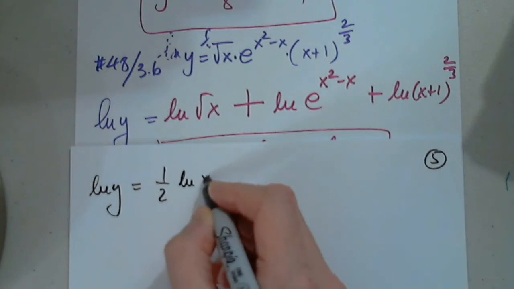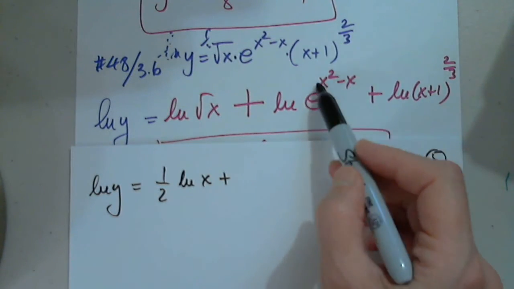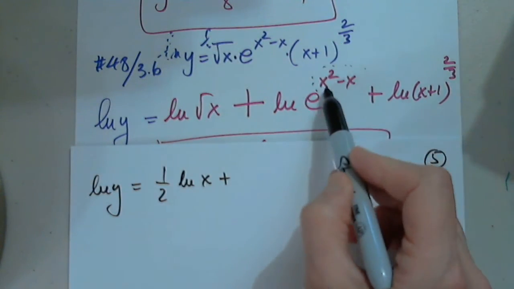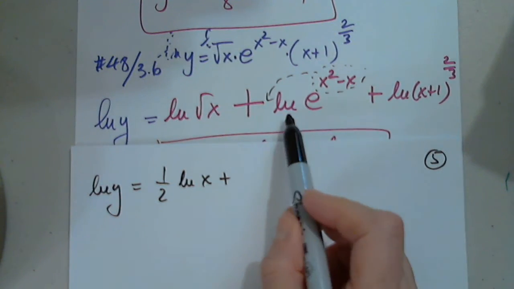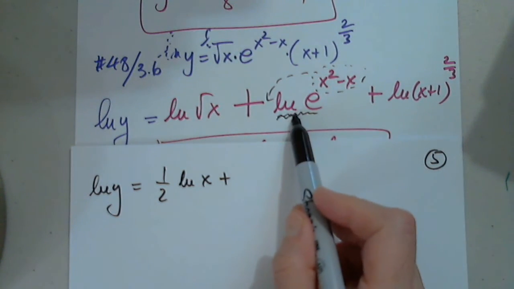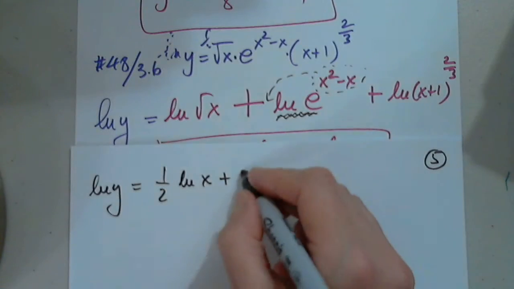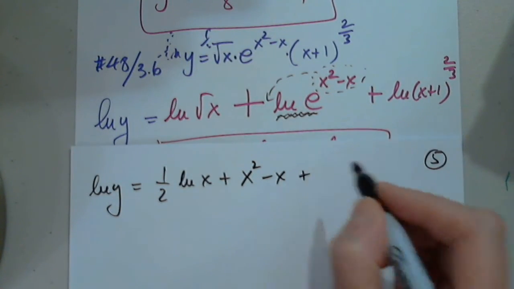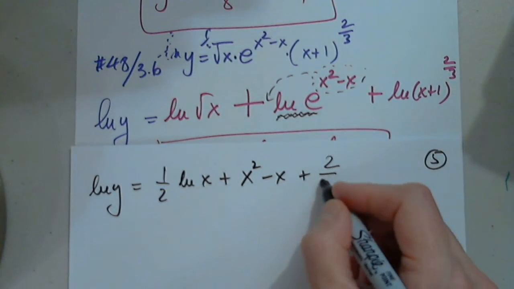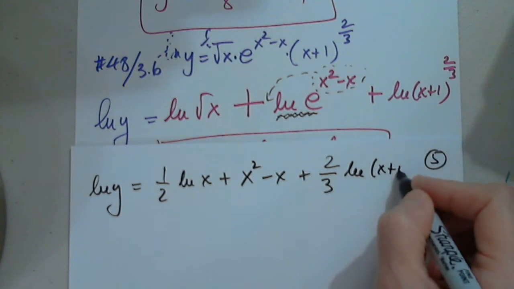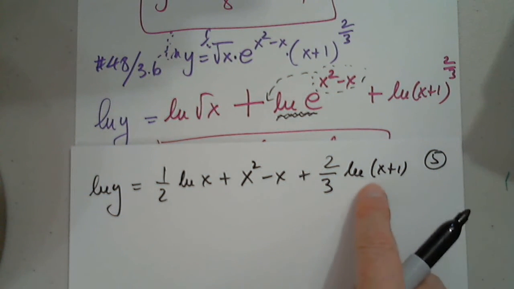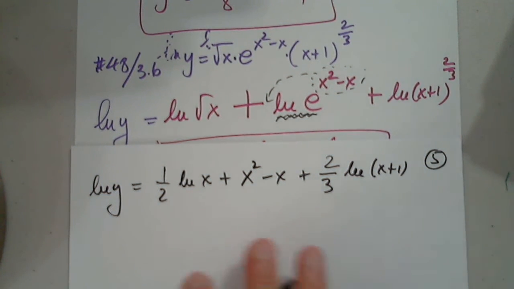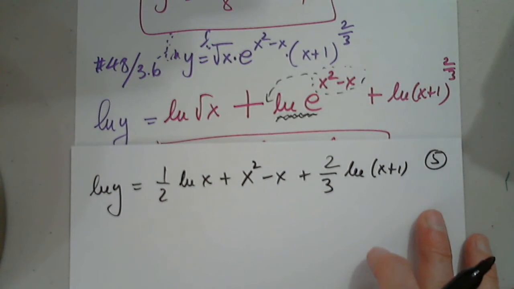Excellent. Natural log x plus. When I put this power in front, what happens to natural log e? It turns into 1. Excellent. X squared minus x plus, I put the power in front, natural log x plus 1. We do not have any rule for natural log of a sum. Don't touch that. This is the maximum we can do.